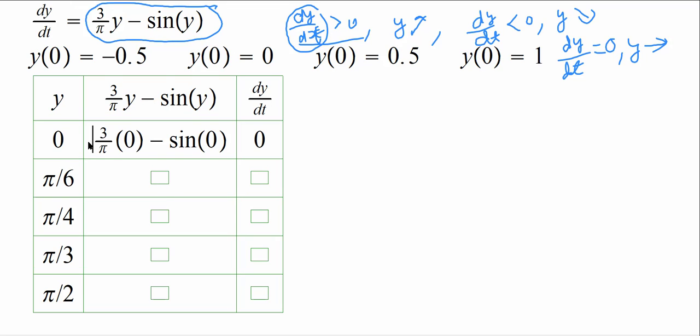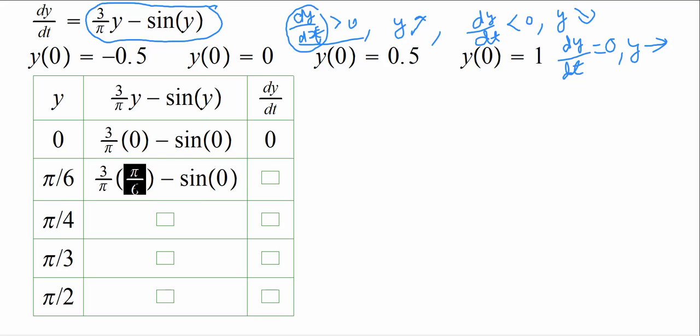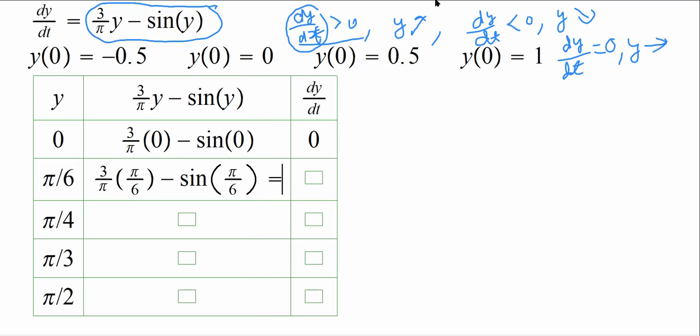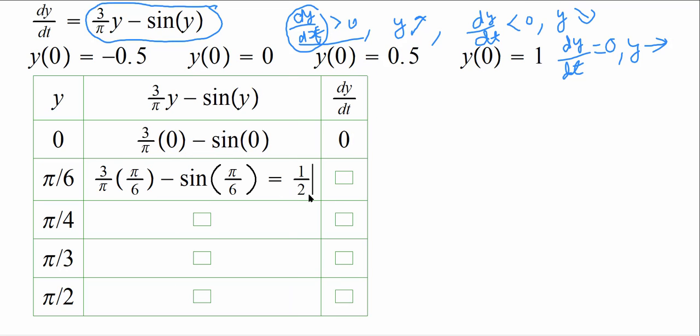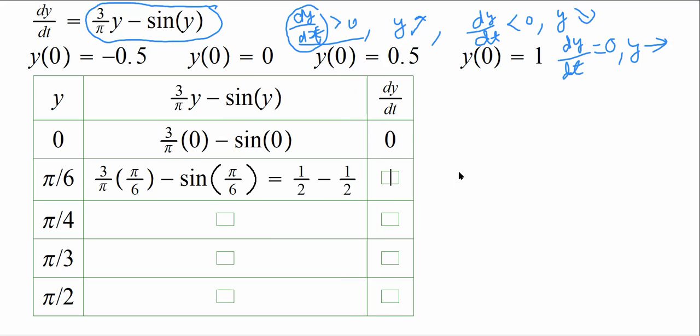Now say we put pi over 6 here: pi over 6 minus sine of pi over 6. We have 1/2, and sine of pi over 6 is also 1/2. So this value is also 0.